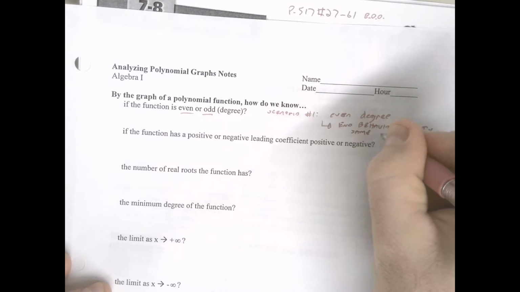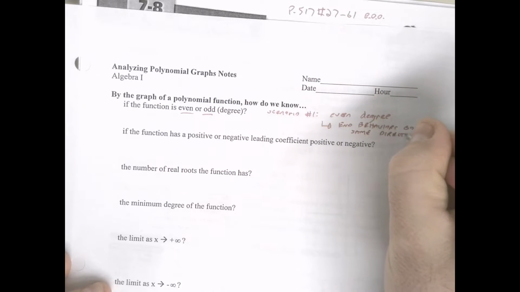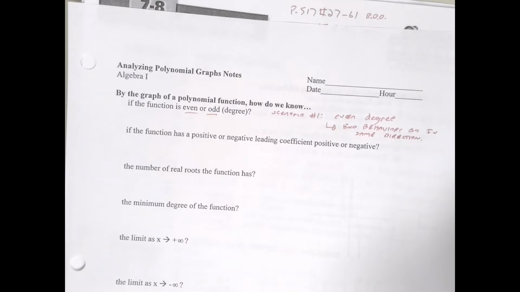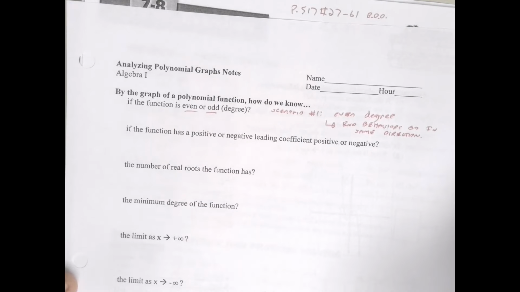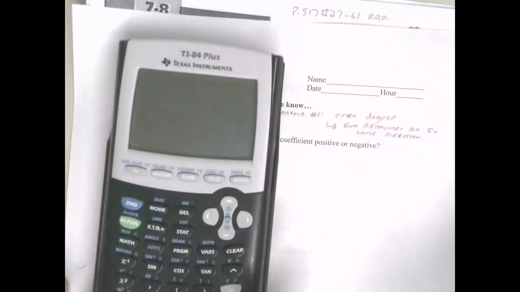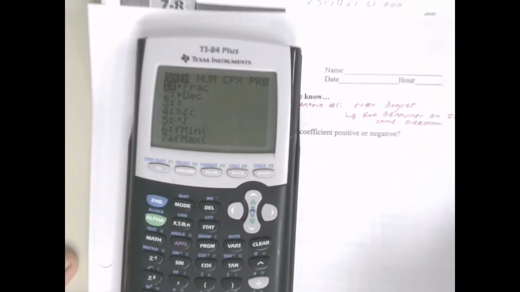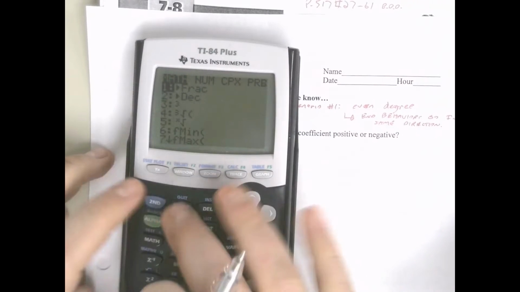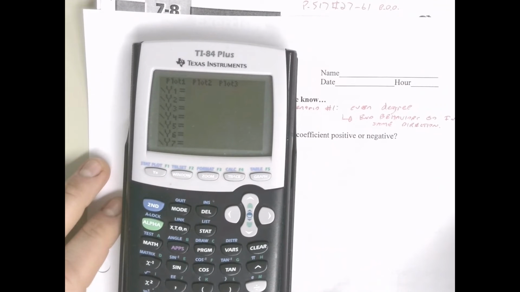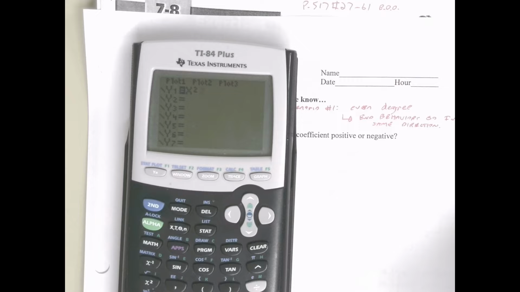That is important to understand, so let me show you an example. I'm going to type a polynomial in our graphing calculator, and I want you to notice what it looks like. We do a lot of this in algebra too. Go to the y grid, and let's just type in x squared. That's an even degree polynomial.